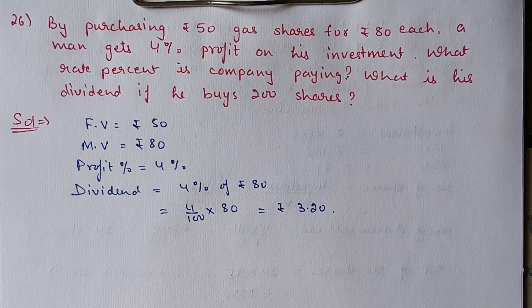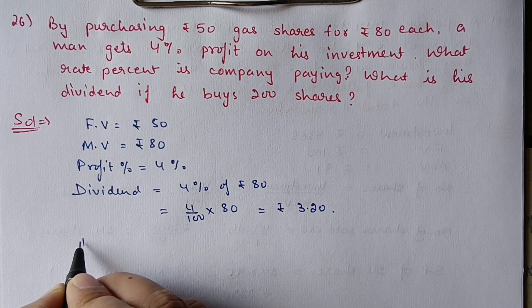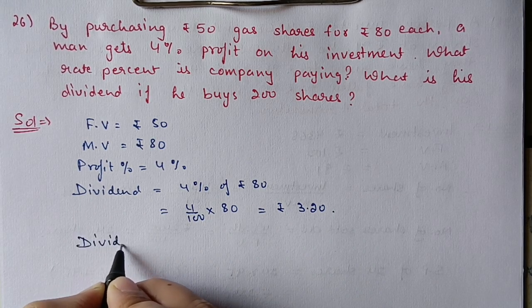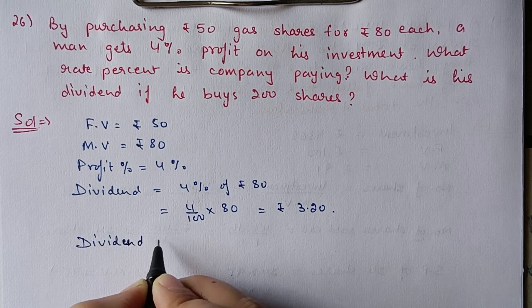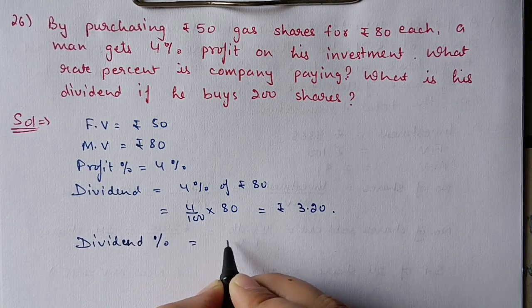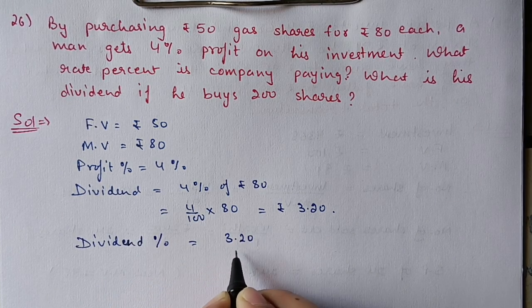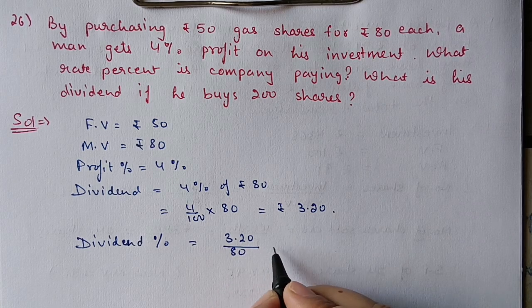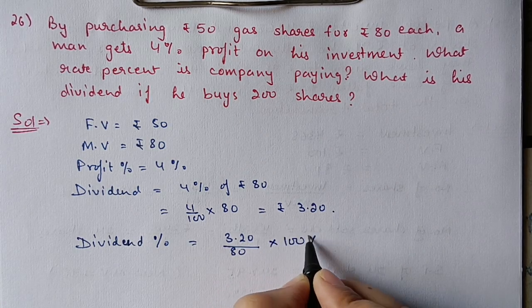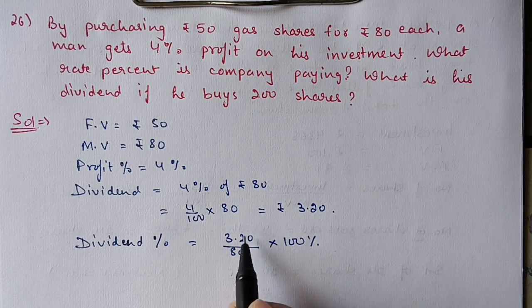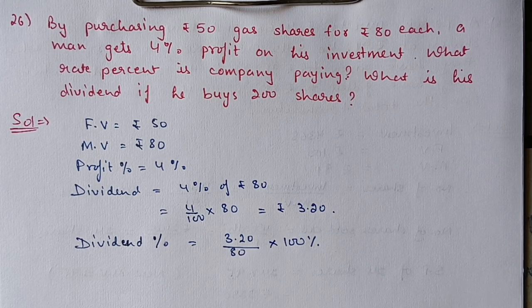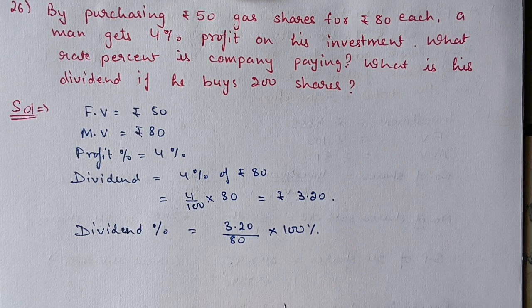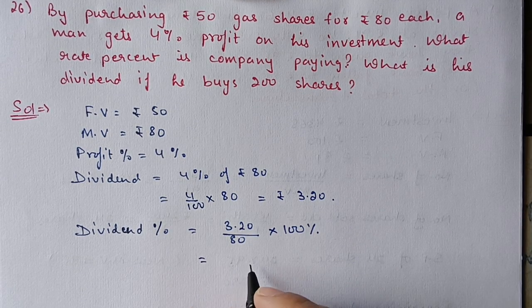Now this dividend will change into the dividend percentage. He is getting 3 rupees 20 paise as dividend for 80 rupees, and to change into the percentage we will multiply with 100%.